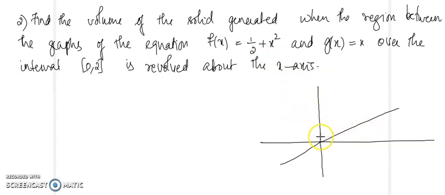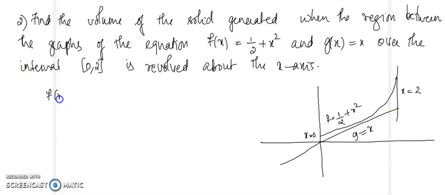So that will be something like this. Okay. So here you have x equal to 2. So this will be the line x equal to 2. So here you have x equal to 0. So this will be your f, 1 by 2 plus x square, and this will be your g of x.